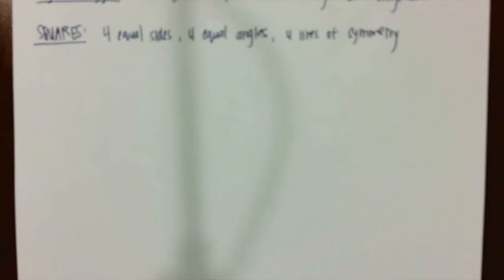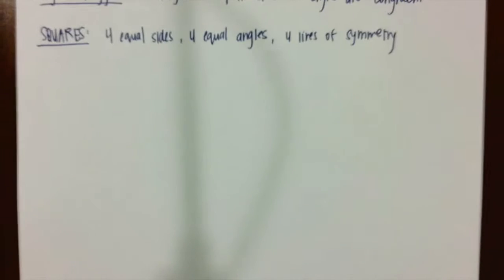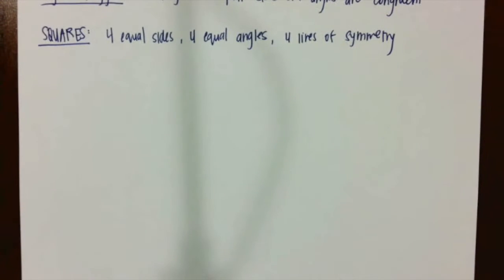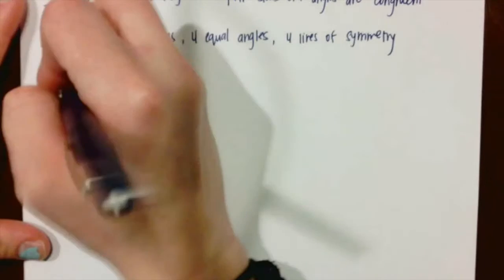A triangle is a 3-sided figure, so it has 3 different lines of symmetry. If we had a regular octagon that has 8 sides and 8 angles, then it would also have 8 lines of symmetry.